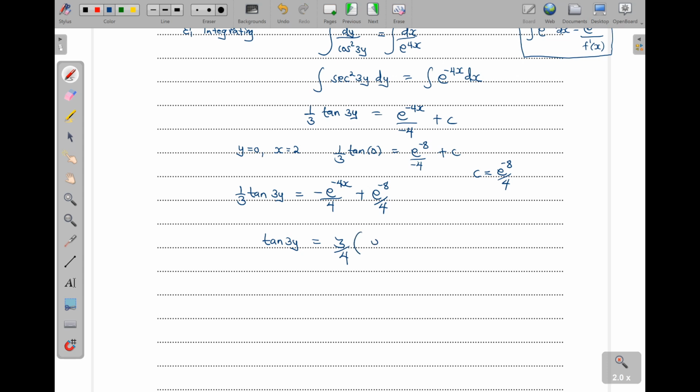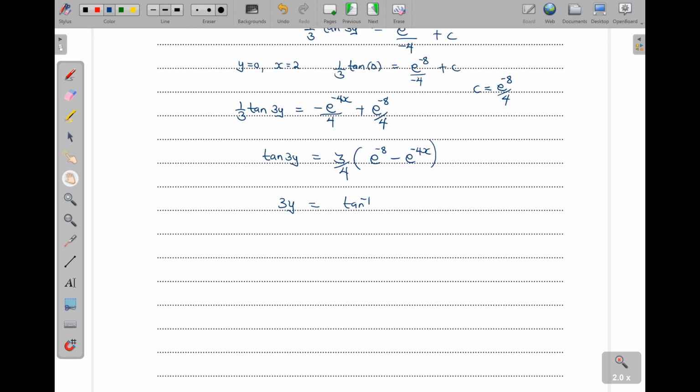Then I put the positive one first, e power negative 8, then minus e to the power of negative 4x, okay? And then we take the arctan because we want y, so it will be the arctan of this 3 over 4 multiplying e to the power of negative 8, then minus e to the power of negative 4x, okay? Then from there, we divide all through by 3.